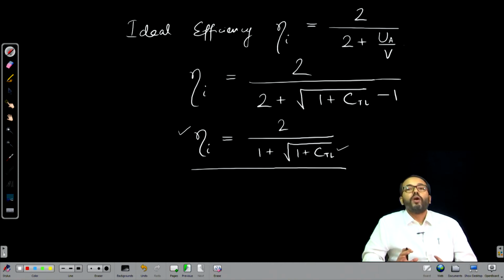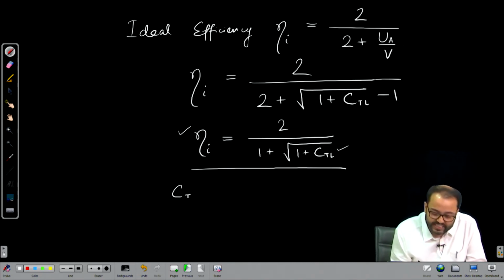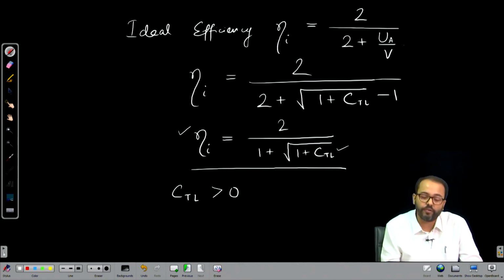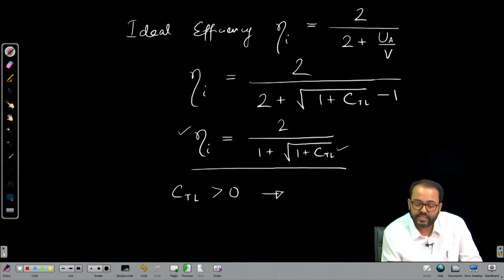If you want to get an ideal efficiency of 1, let us say, what will be the value of the thrust loading? For any positive value of thrust loading coefficient, what will happen to this denominator? 1 plus root over CTL will be greater than 1.